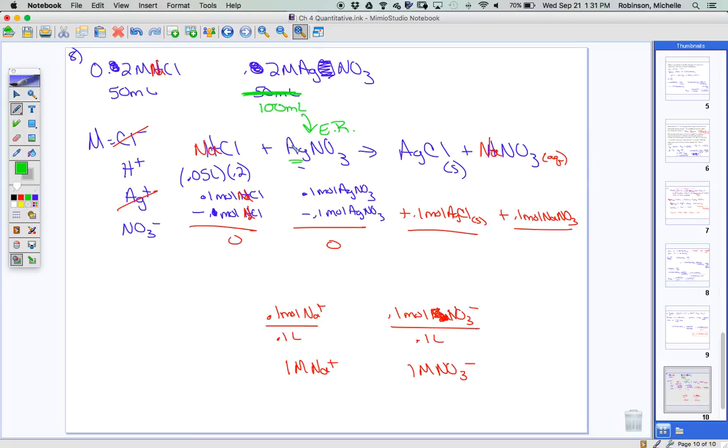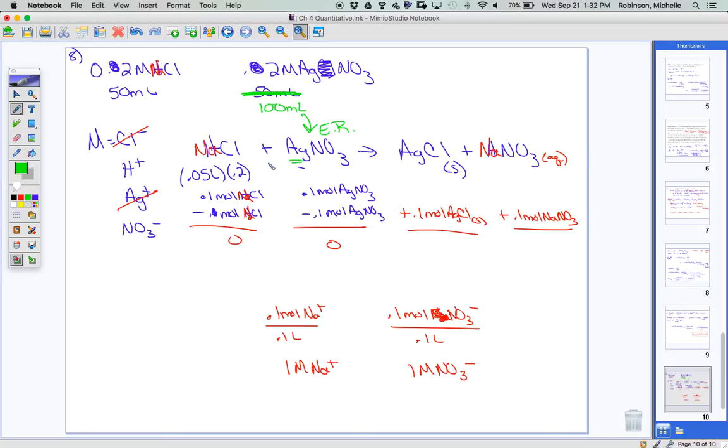So, let me see your paper. Right, right. This to Ag, but you have to subtract out how much gets used up. You have to find out the leftover.